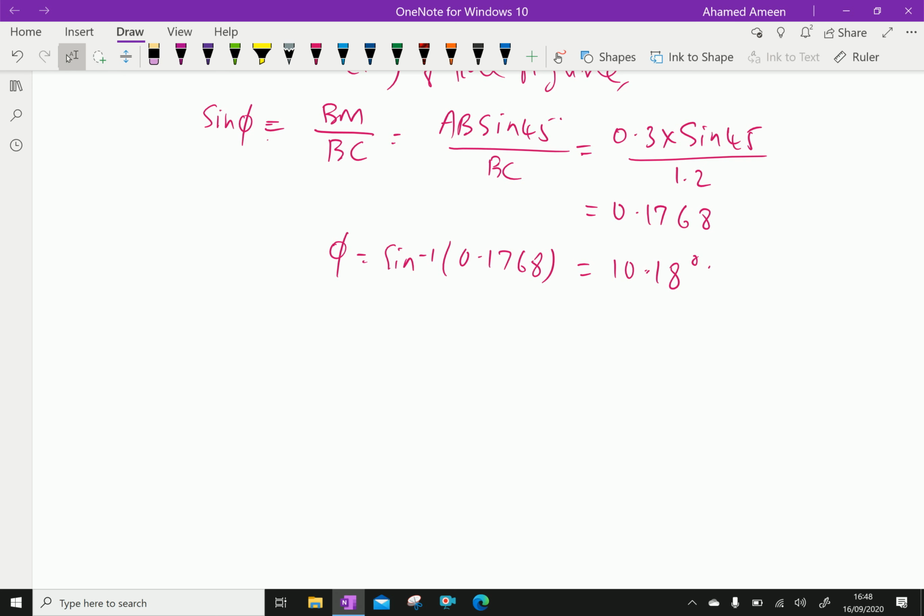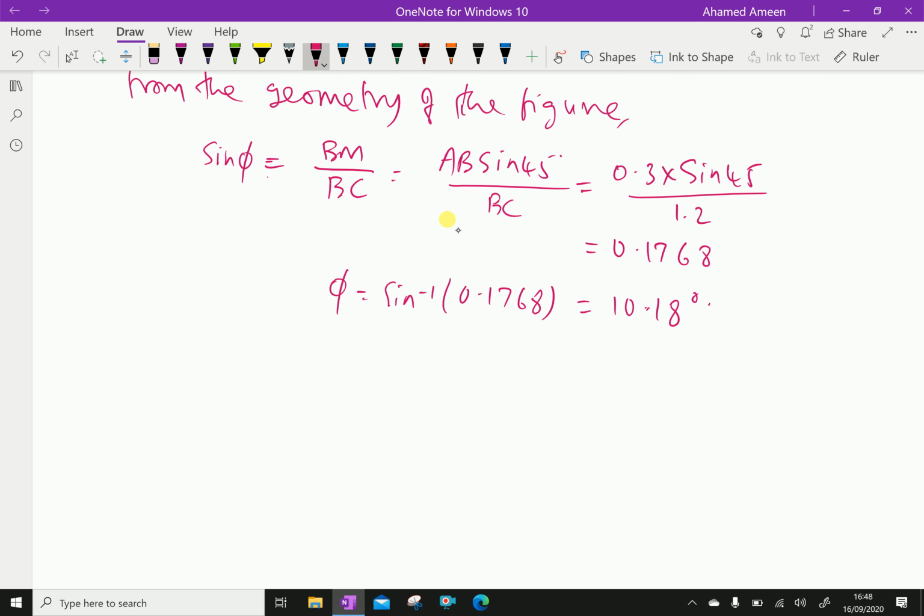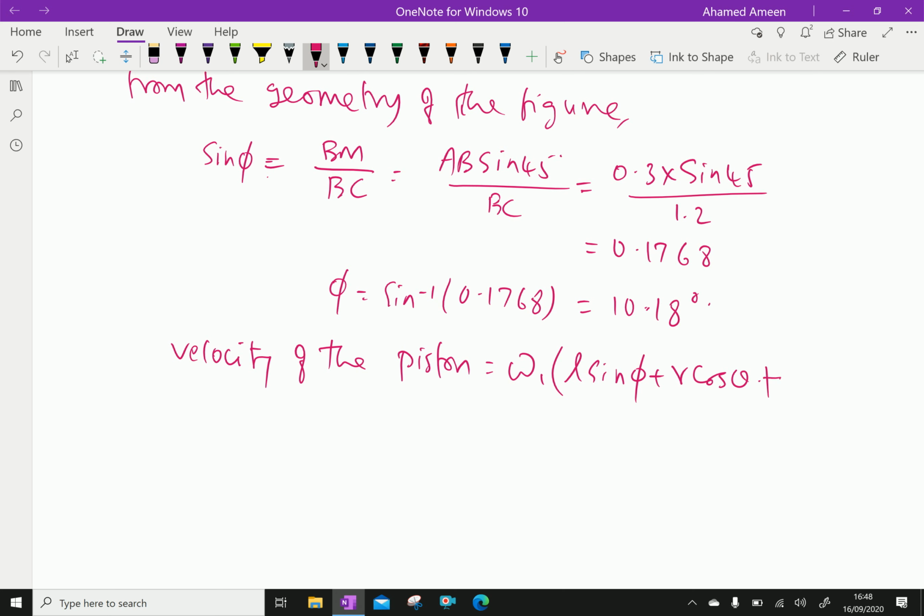Now, velocity of the piston is given by omega 1 into L sine phi plus R cos theta into tan phi.